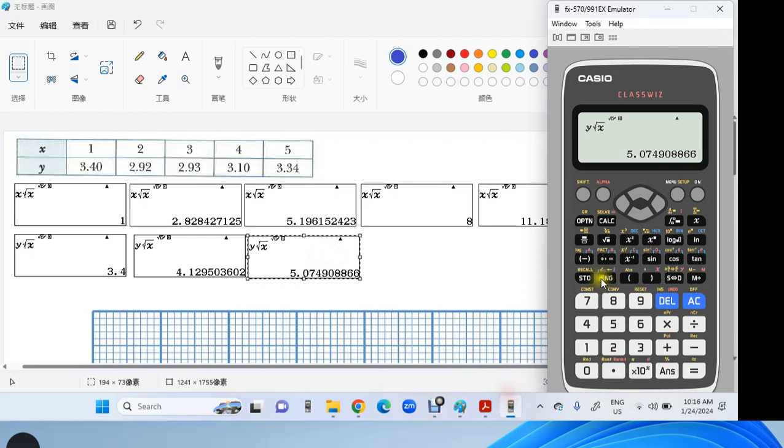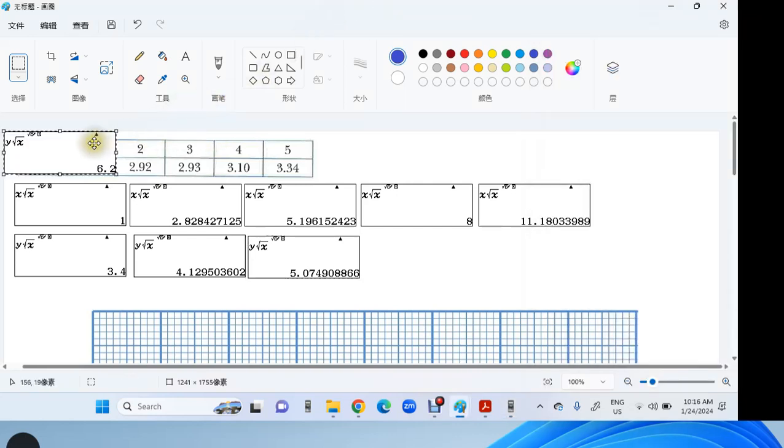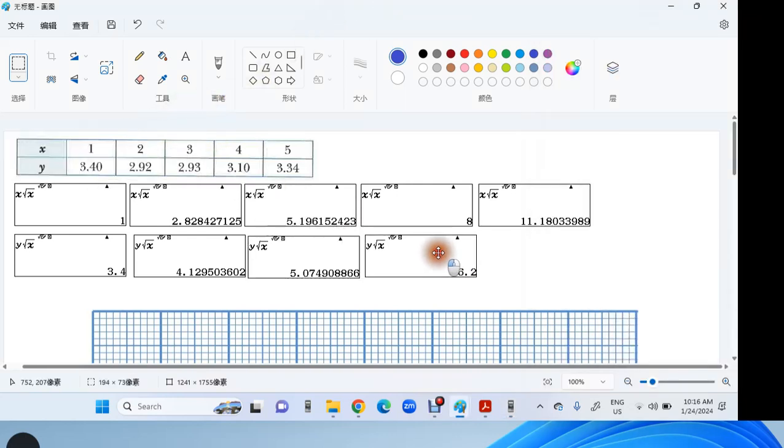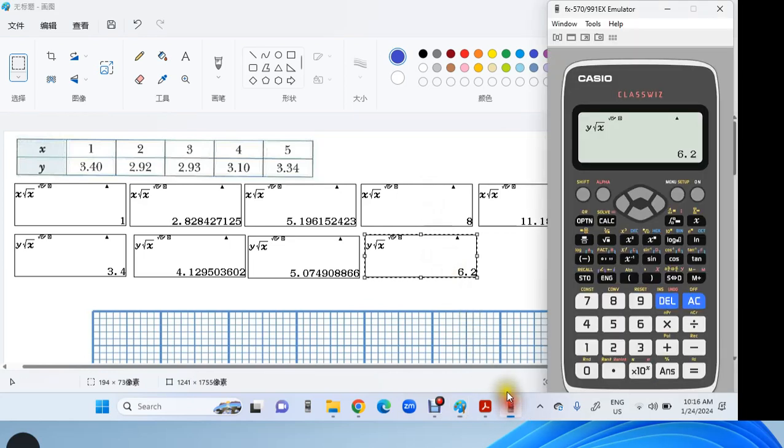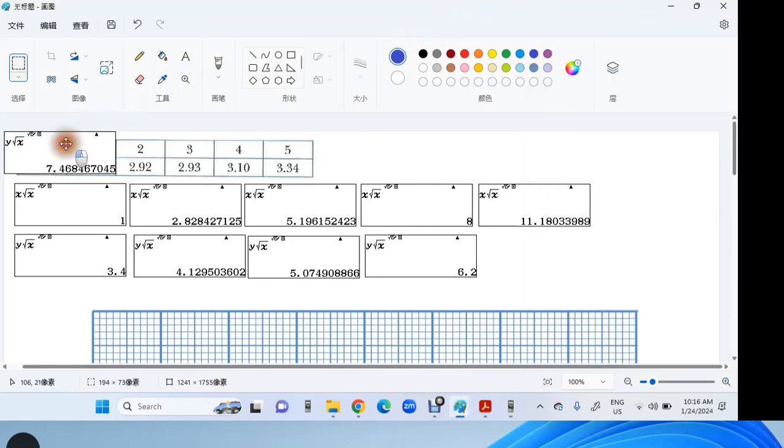And y equals 3.1, x is 4, then this is 6.2. And y equals 3.34, x equals 5, then this will be the value.